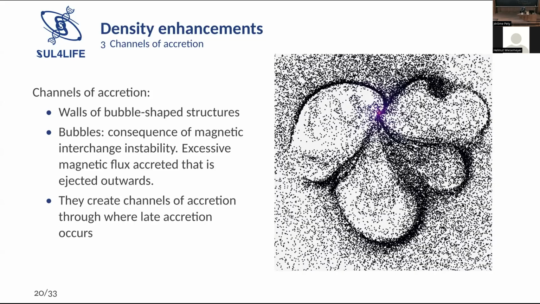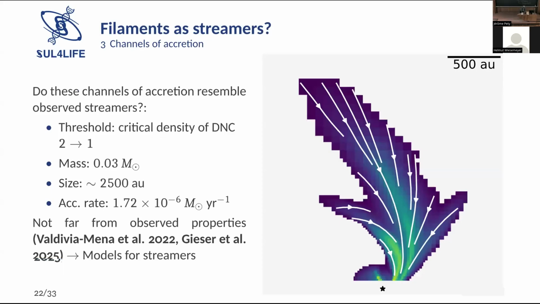So we have these channels of accretion, and we may ask ourselves if they look like the streamers we detect in young stellar objects. To determine or to limit the extent of these channels of accretion, I chose a molecular transition that is often used to detect these streamers, DNC 2-1.